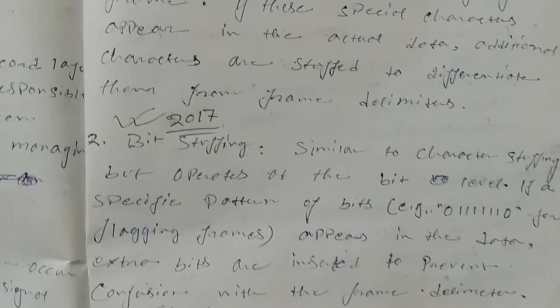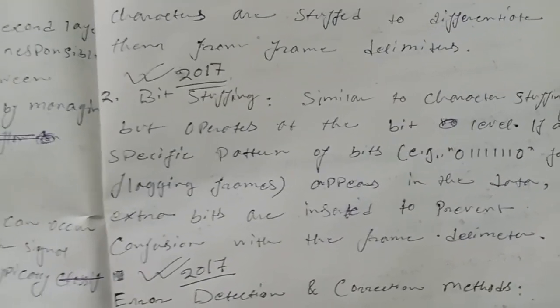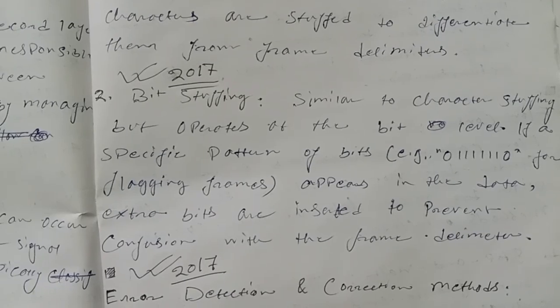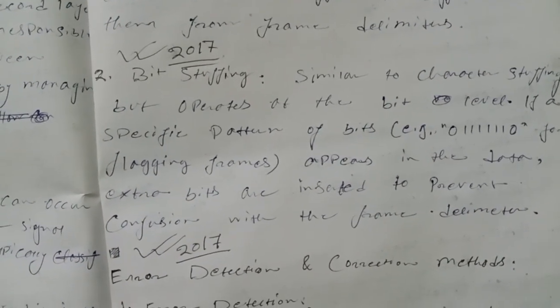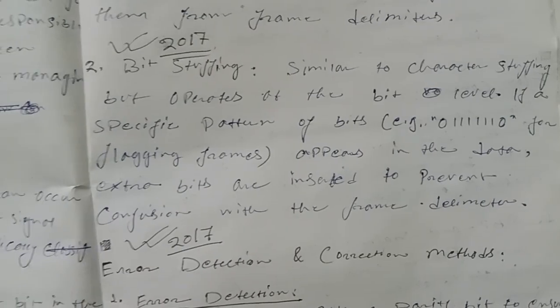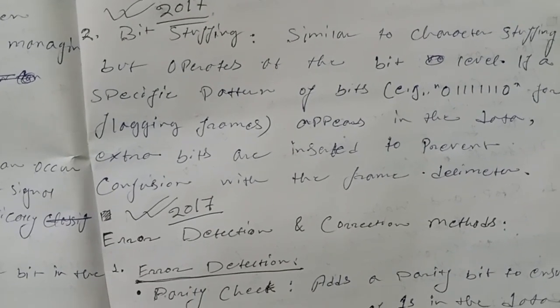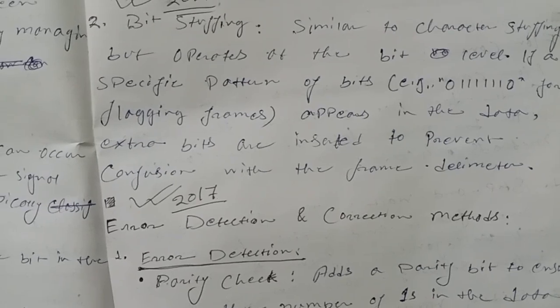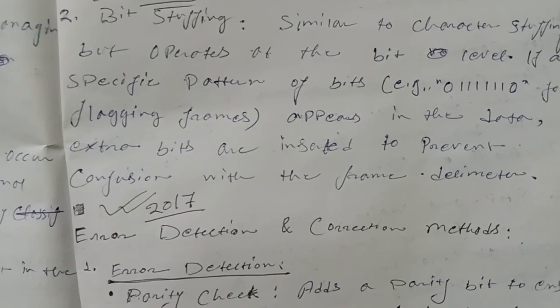And bit stuffing is similar to character stuffing, but operates at the bit level. If a specific pattern of bits for flagging frames appears in the data, extra bits are inserted to prevent confusion with the frame delimiter.